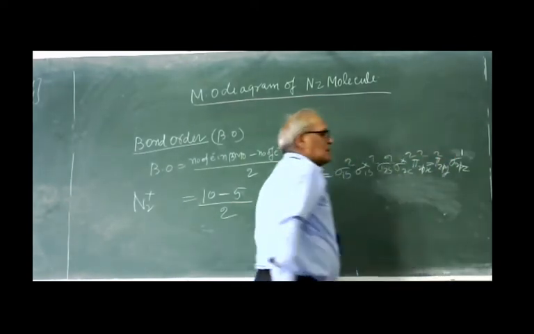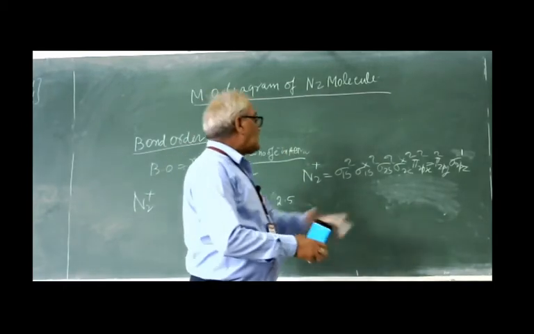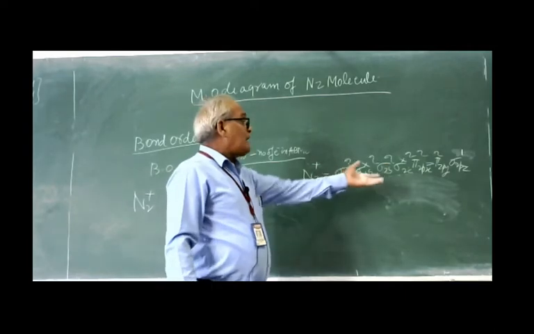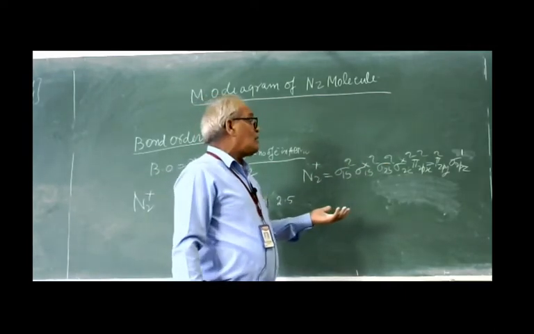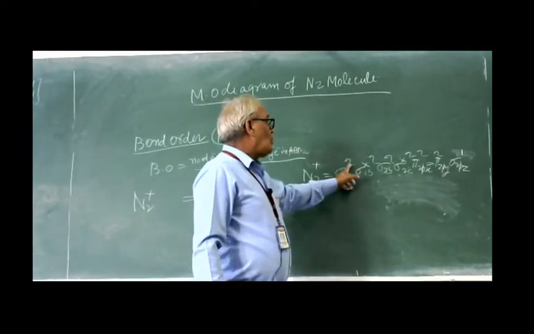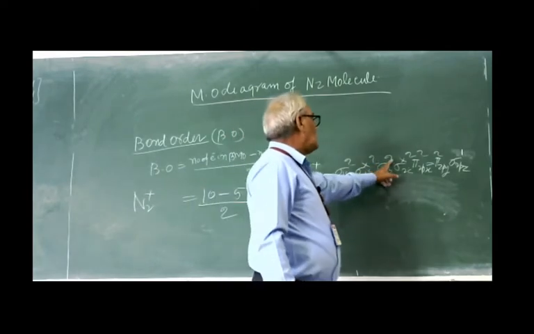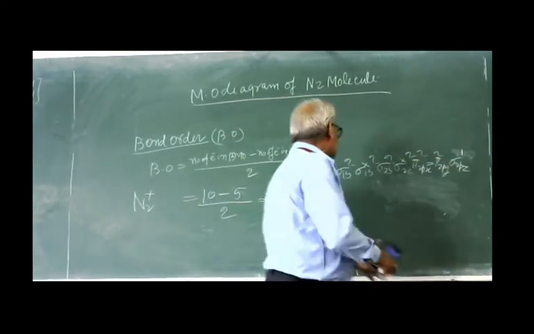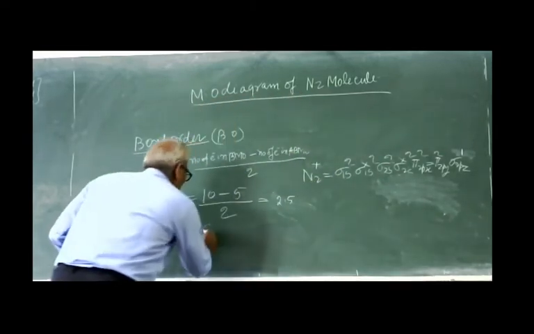This is the electronic configuration of the N2 plus molecule ion. So how many electrons are present in the bonding molecular orbital? 2, 4, 6, 8, and 9.